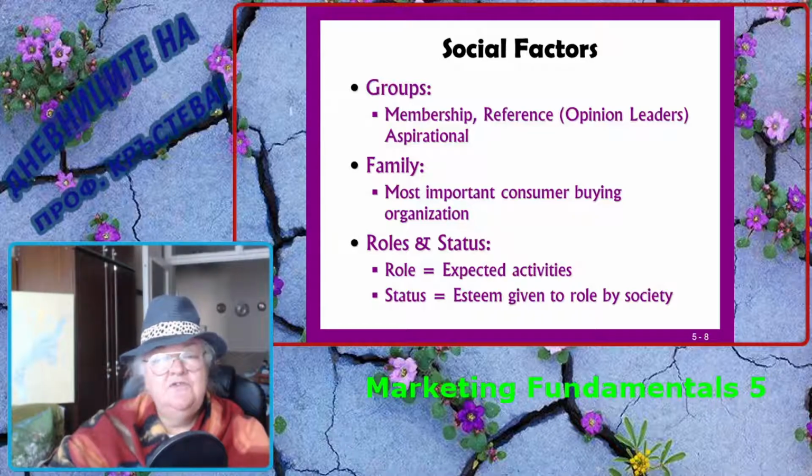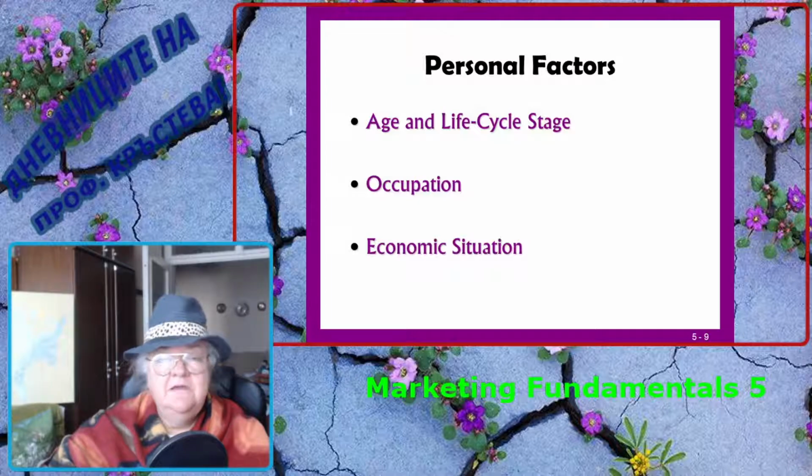Family is the most important consumer buying organization in society. And of course we have some roles and statuses. Role means expected activities, and status equals esteem given to the role by society. There are some personal factors to be considered when we are speaking about consumer buyer behavior.